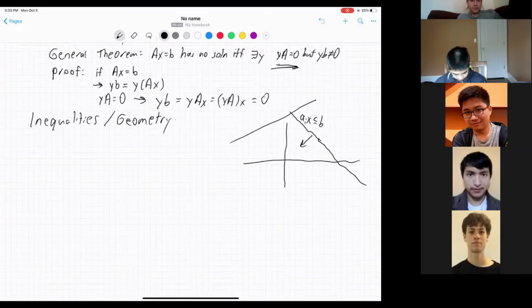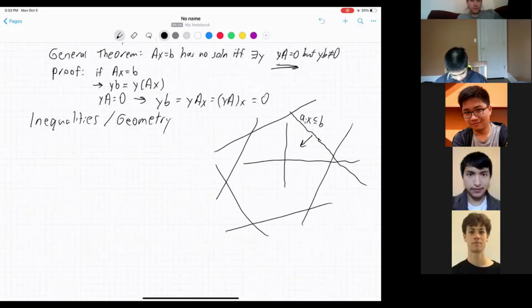And so if I take a whole bunch of constraints, they tend to define some polygon in my two-dimensional space, right? And this generalizes to n dimensions.